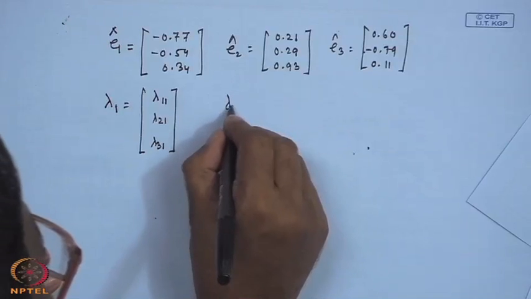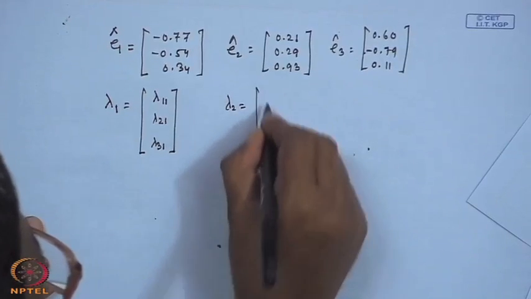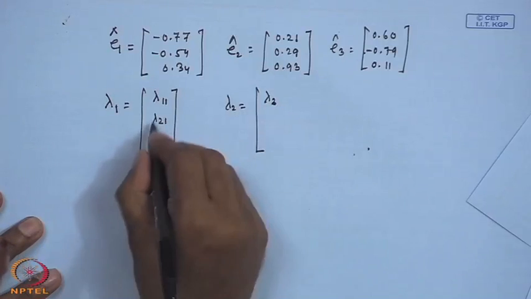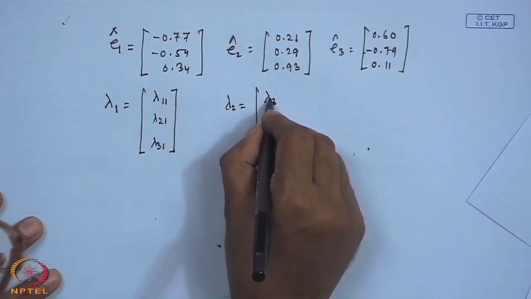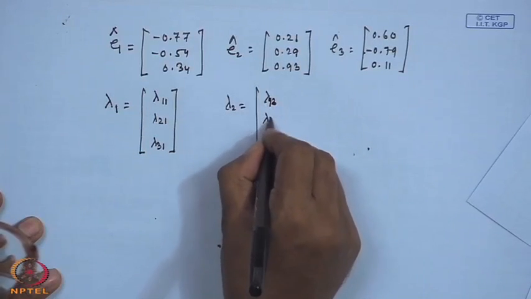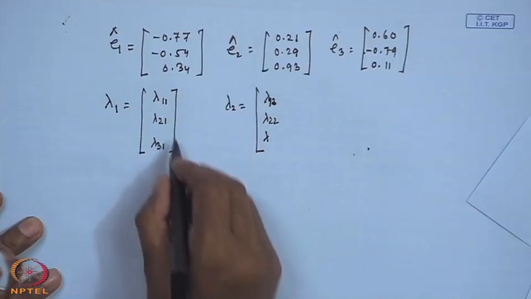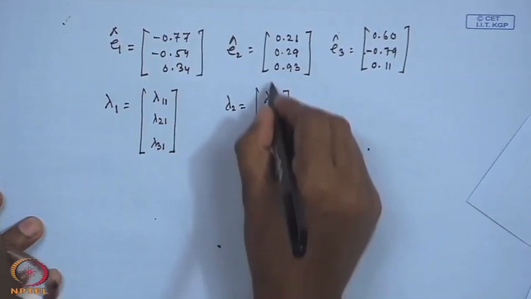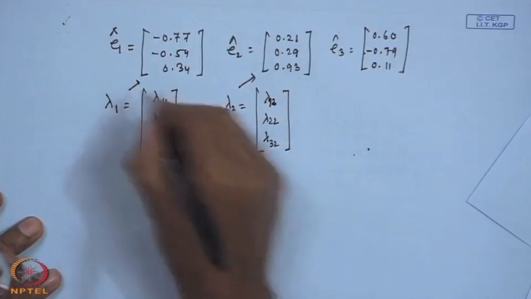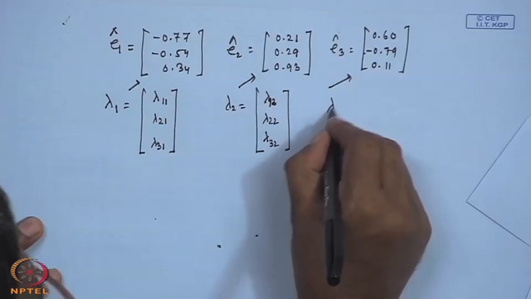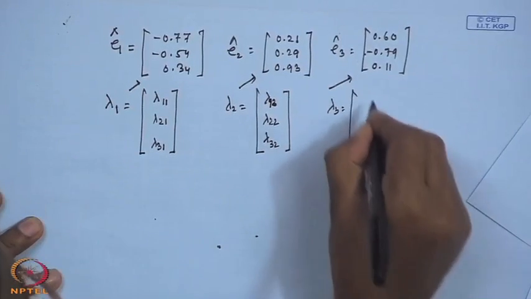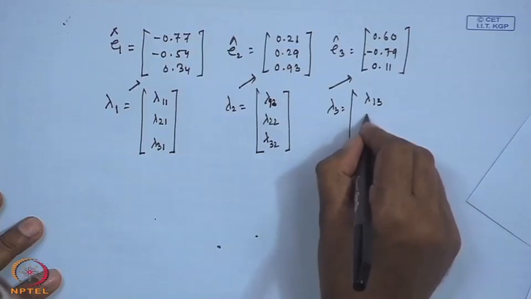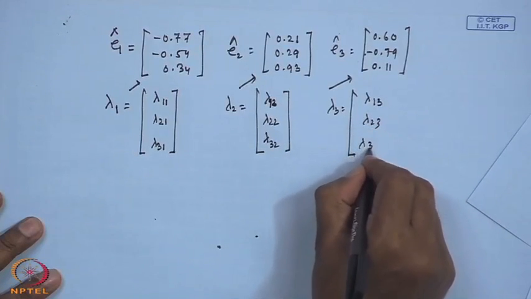Similarly, you can find lambda 2, which will be lambda 12, lambda 22, then lambda 32. Using this, lambda 3 will be lambda 13, lambda 23, lambda 33.